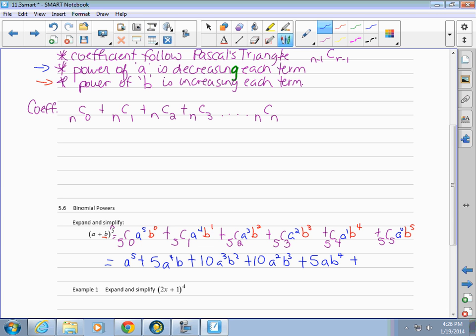And then down to 5 choose 5 is just 1. So a is gone because a to the 0 is 1, b5.